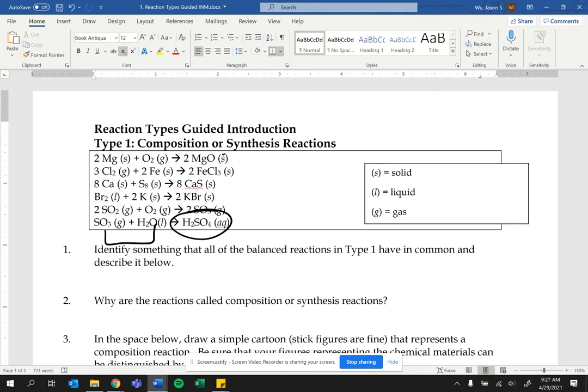The root syn, S-Y-N, means together. Composition, basically, when you compose something, you bring things together. So really we'll use the word synthesis reaction. A synthesis reaction is when two things combine to form one. So look at it. It's always just two things combining to form one thing.